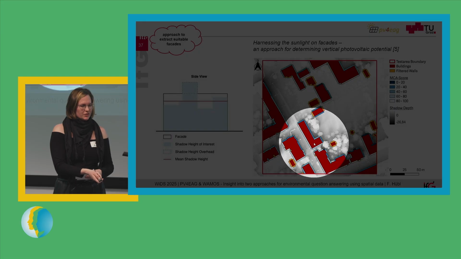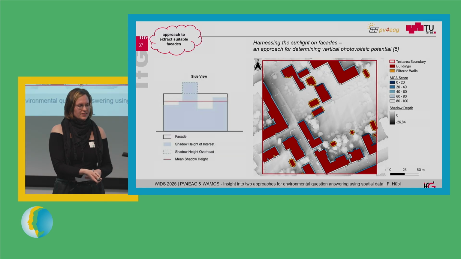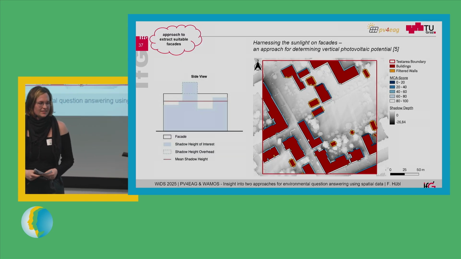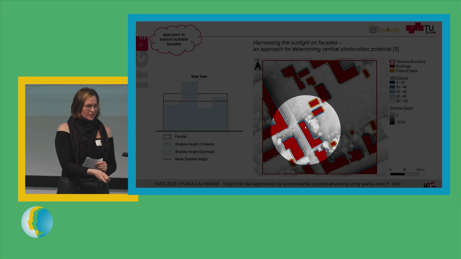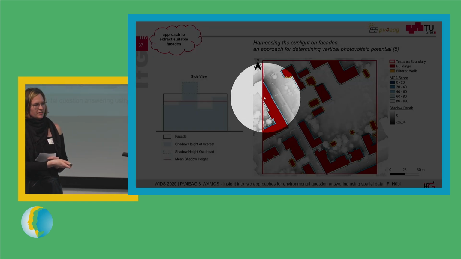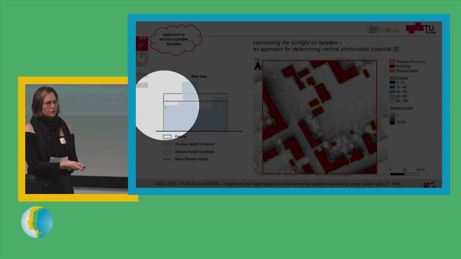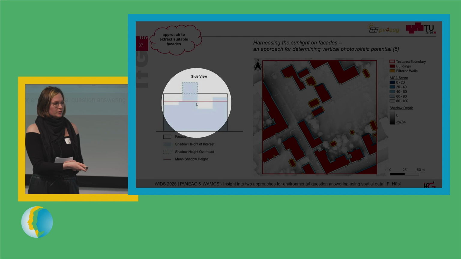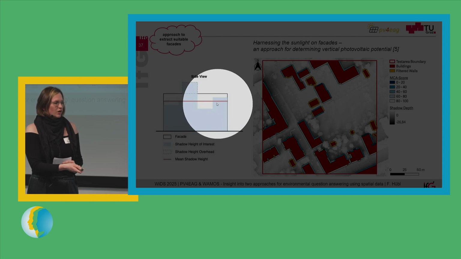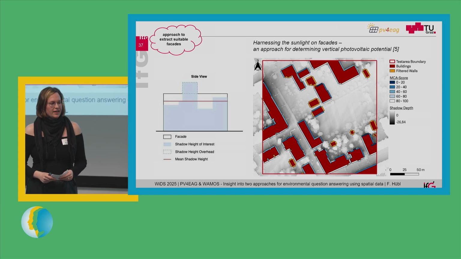The blue ones, or the lighter ones, are more suitable. With the southness indicator, of course, it makes sense that this is more suitable here in the south. And here you see how we define one facade. If we have, for example, different heights of shadow at one facade from certain objects, our method is to take a mean shadow height and then have a measurement for one whole facade.